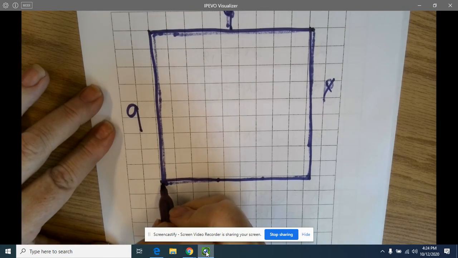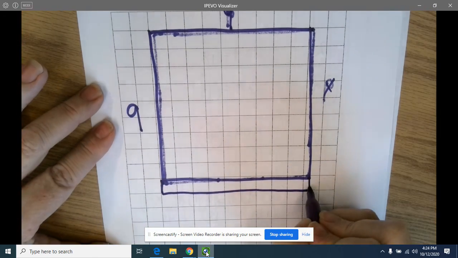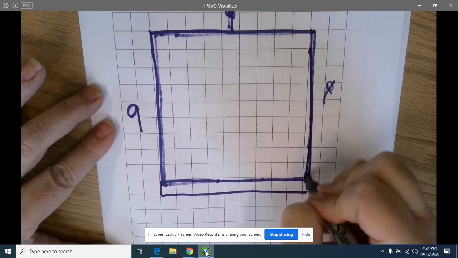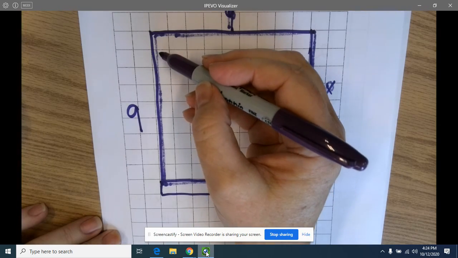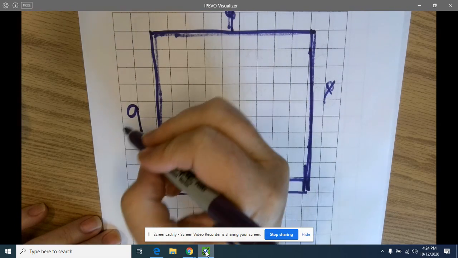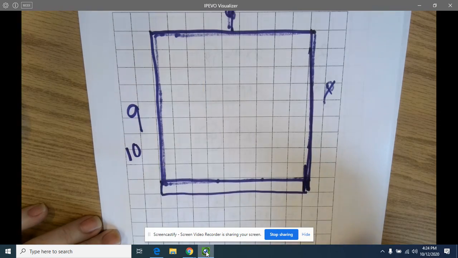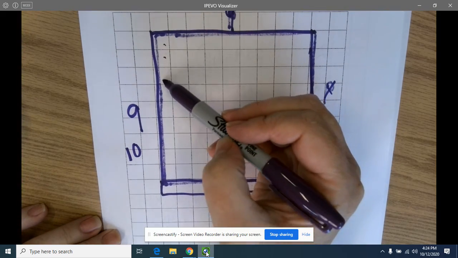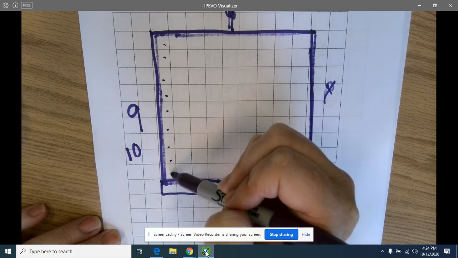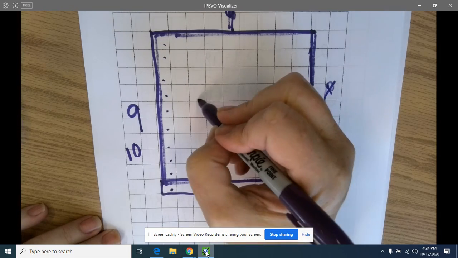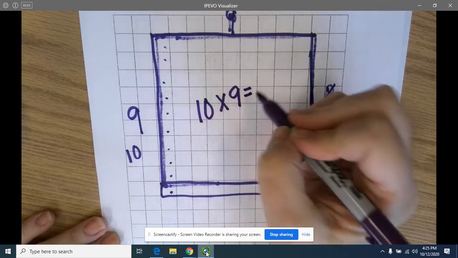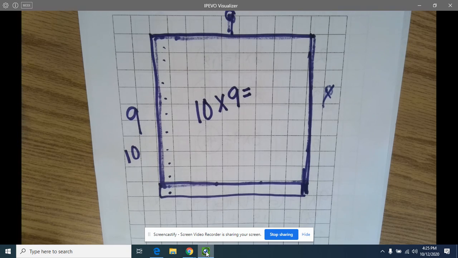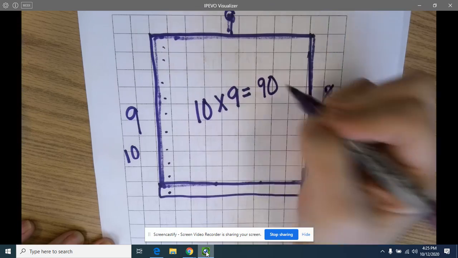I'm going to add one more group on down here, one more row. I've added one more group on. So instead of 9, now we actually have 10. 1, 2, 3, 4, 5, 6, 7, 8, 9, 10. 10 groups of 9. Everybody, what is it? It is 90.